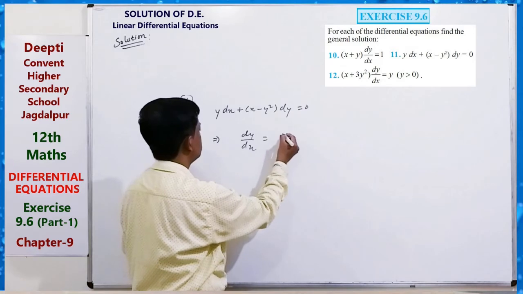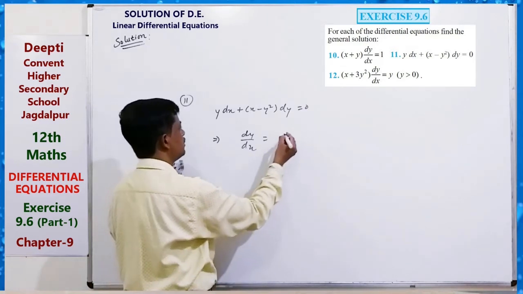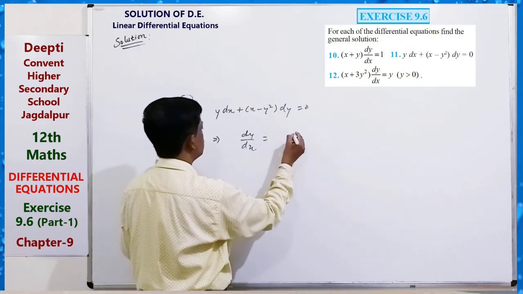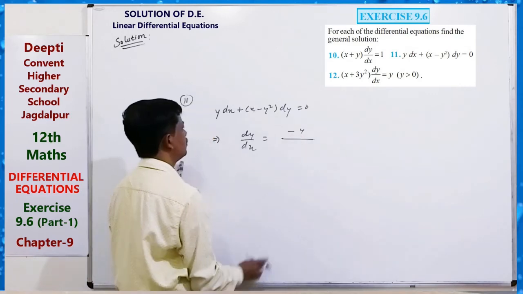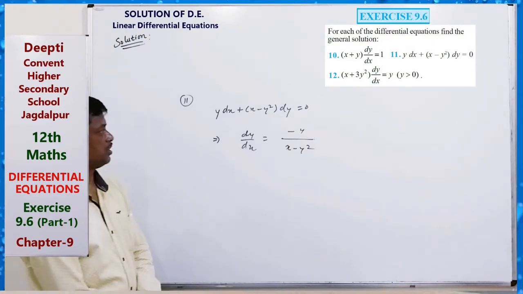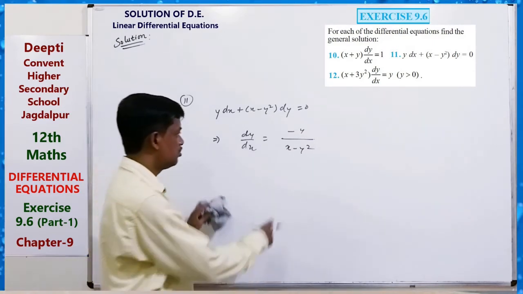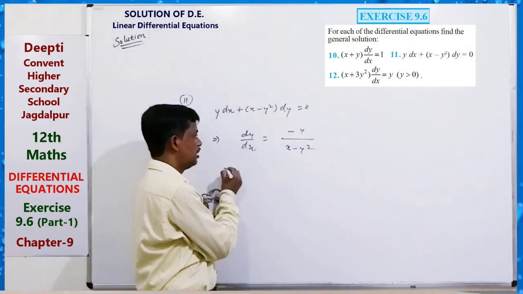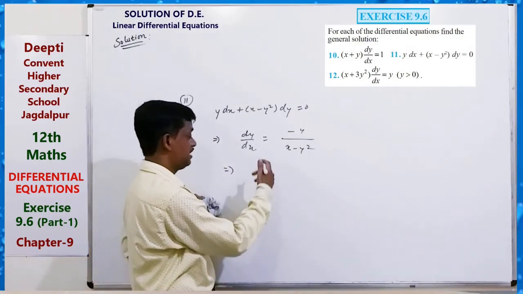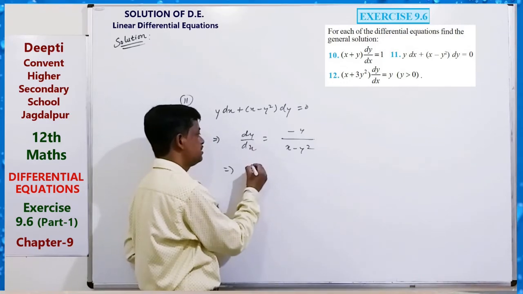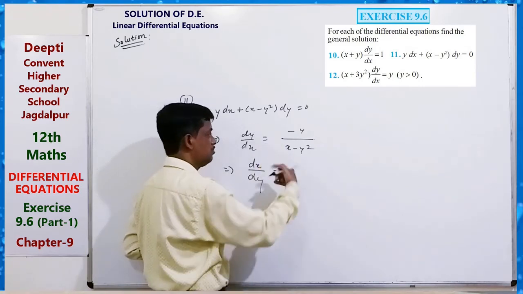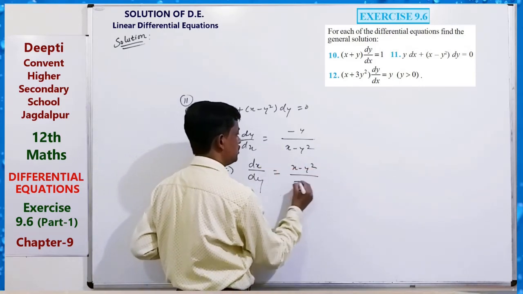So dy by dx equals minus y upon (x minus y square). This is the form. Not separable, not homogeneous, and also y is not a single term. Here, just invert it. Inverting means dx by dy equals (x minus y square) upon minus y.